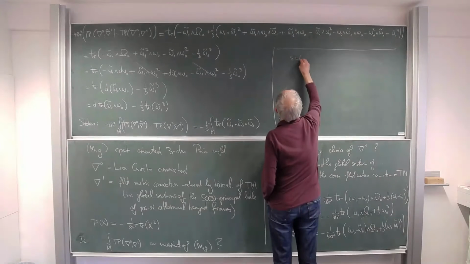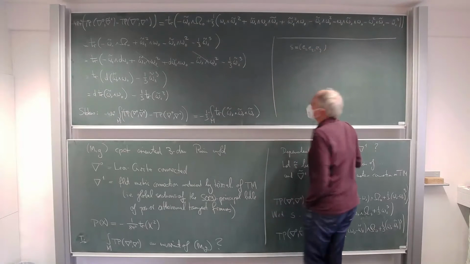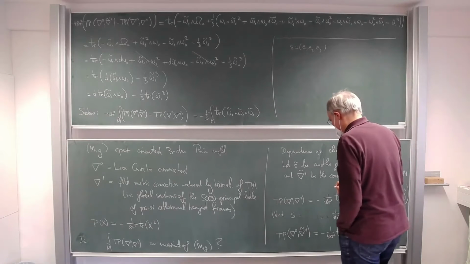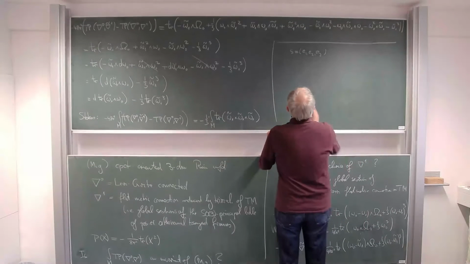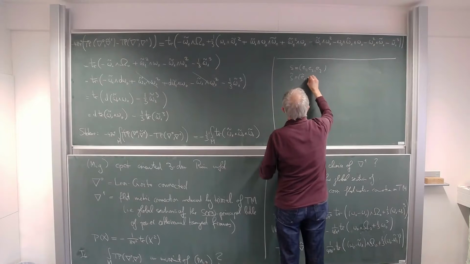So if I write, that's a frame field, so let me write it as E1, E2, E3, so these are three globally defined vector fields on my manifold, pointwise orthonormal and positively oriented. So that's my S, and the S tilde takes a similar form, of course.